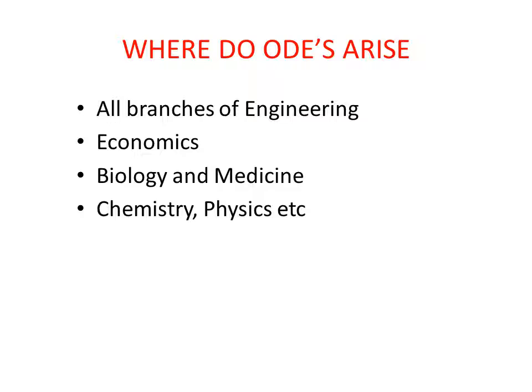Scientific fields include meteorology for weather modeling, chemistry for reaction rates, biology for infectious disease and genetic variation, economics for stock trends, interest rates, and market equilibrium price changes. Similarly, in engineering, where rate of change, differentials, and dynamically changing phenomena are mostly involved.